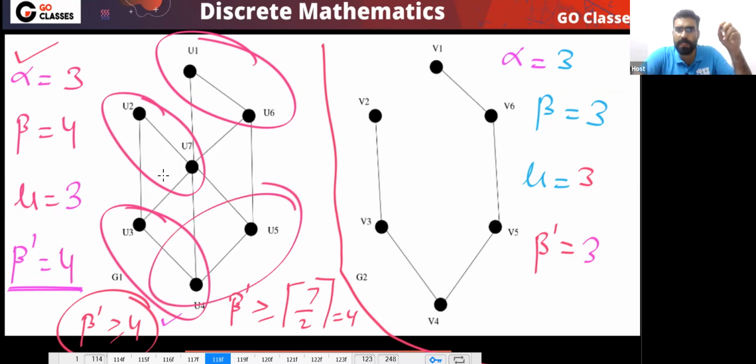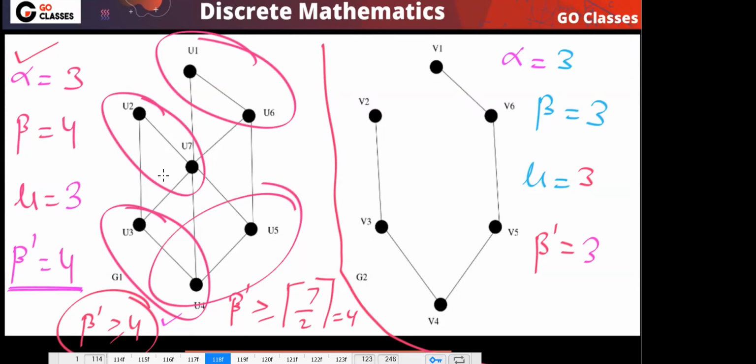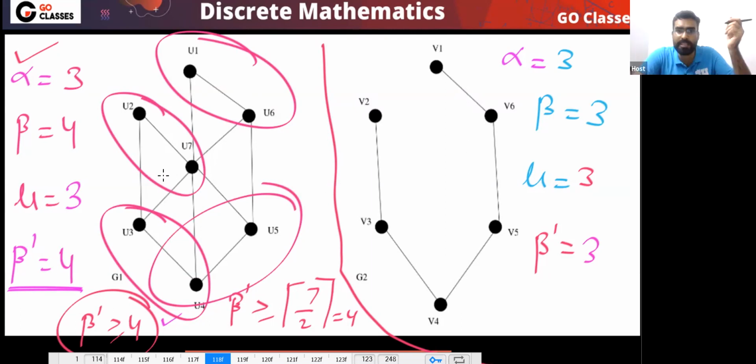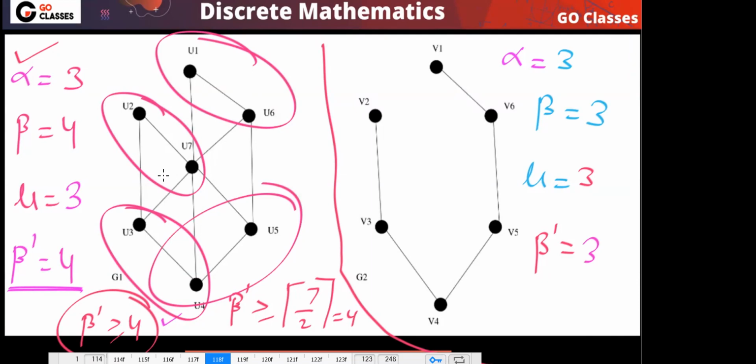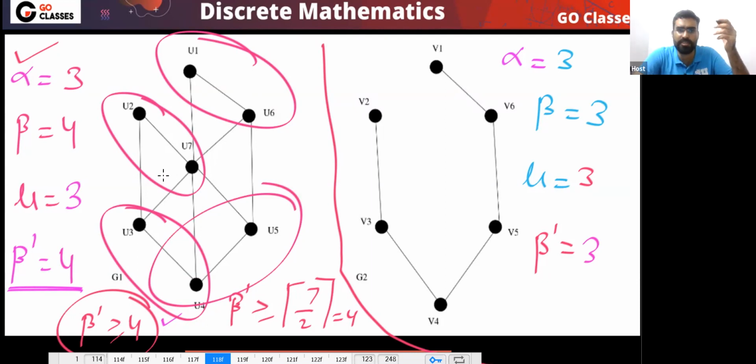Is this clear? Edge cover can have common edges, it can share. Beta dash means the size of the minimum edge cover. Yes, I got confused because in the latter half it is sharing one vertex. It does not matter, they can share. This is not matching.